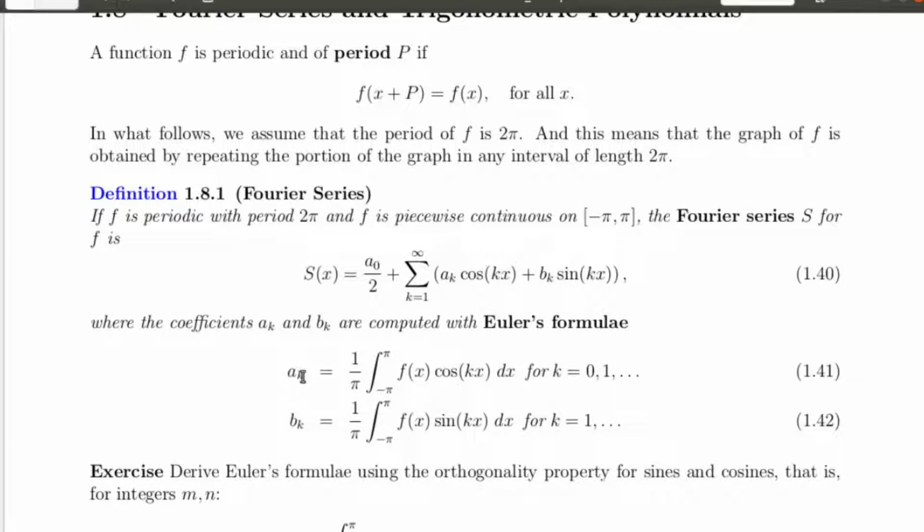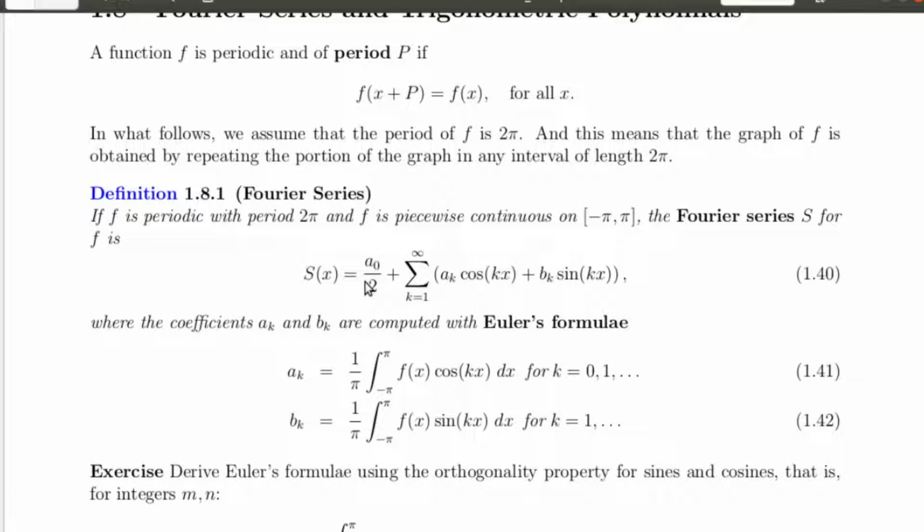You can see that in this formula, we have written a single formula for both the case where the subscript of a is 0 and non-zero. But in other textbooks, you will see that this isolated constant term is written as a0, and for that, the formula will be different from the one given in equation 141.